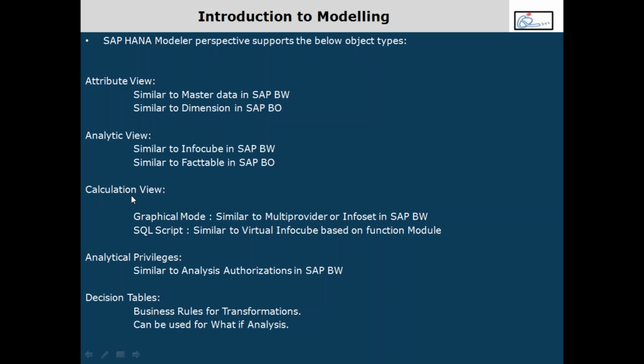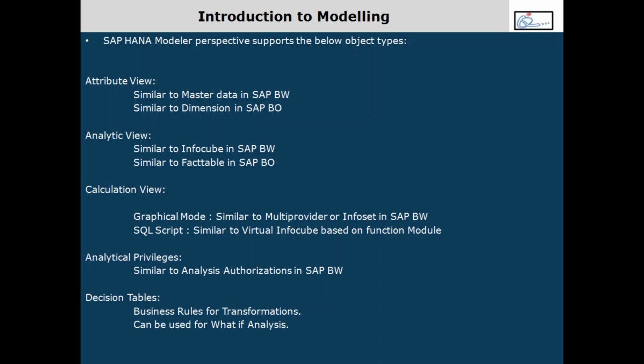Next is the calculation view. When it comes to calculation views, whatever you can achieve with attribute views and analytical views, all of those can be achieved with calculation views, and much more complex scenarios can be achieved too. The best example of when it becomes mandatory: for example, I would like to refer to measures from two fact tables. I can't achieve that with an analytical view; I will have to go with a calculation view.